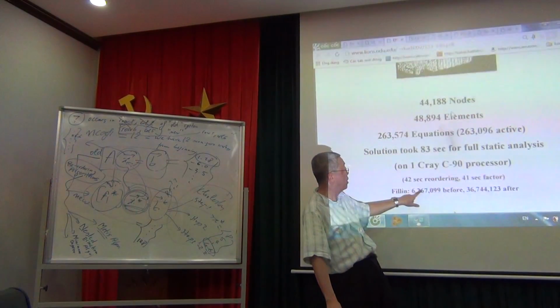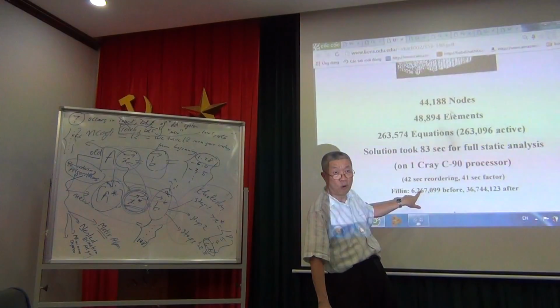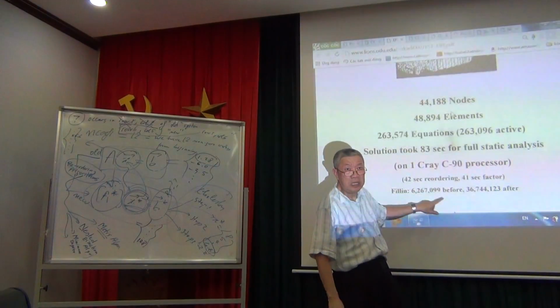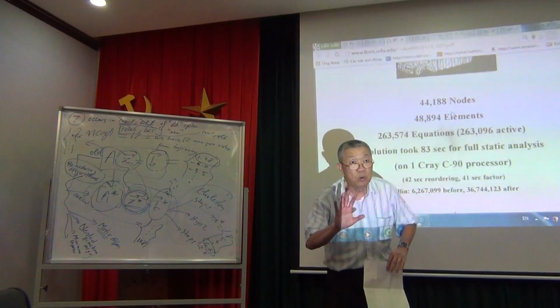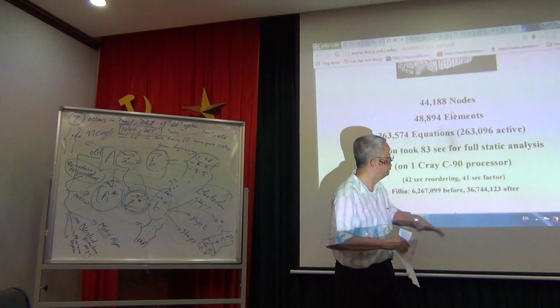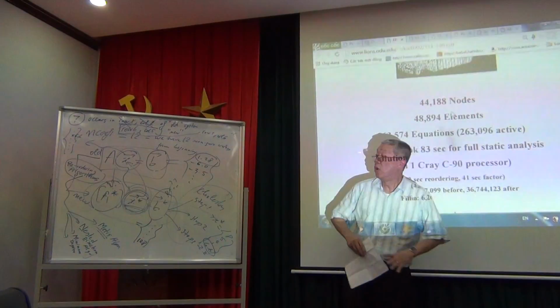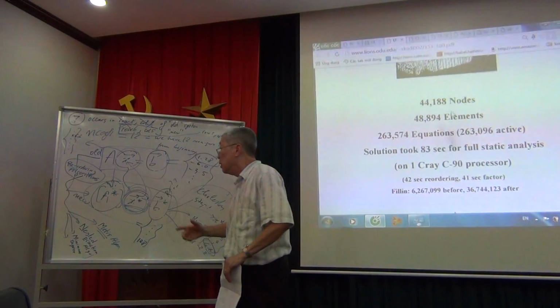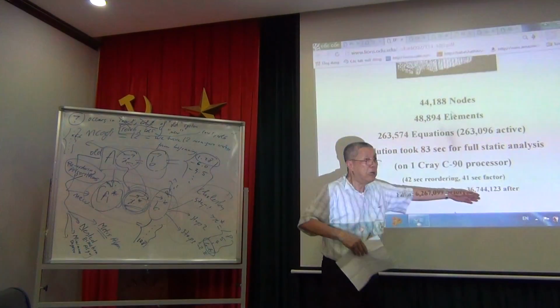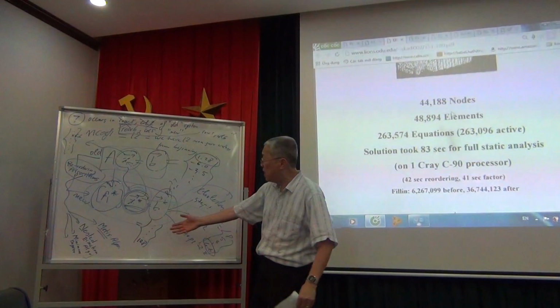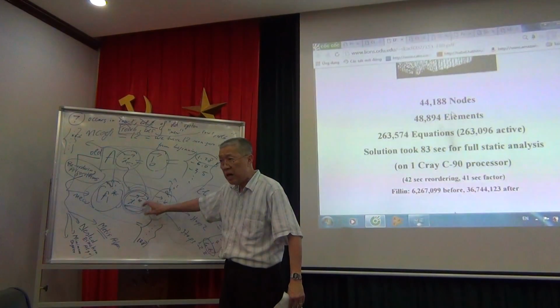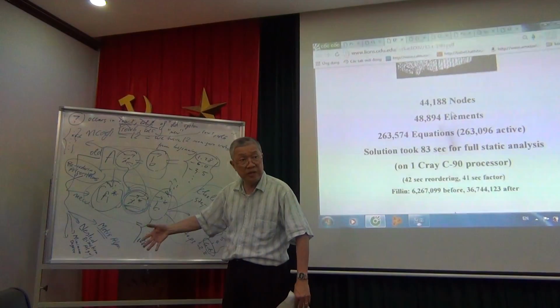Even though it is a lot bigger than in the beginning, it is still not too bad, because if you don't do it, it will be a lot worse. So you may say, okay, that's good. I use Professor V.B. Kumar's reordering algorithm. I can save computer memory, save computer time.